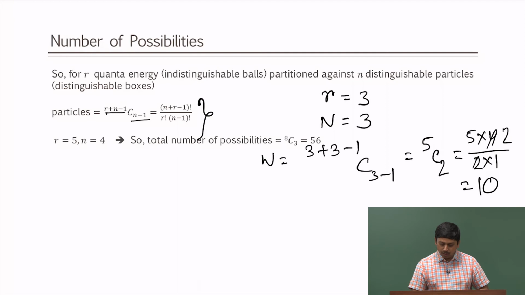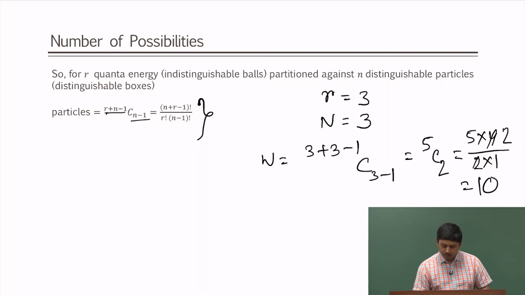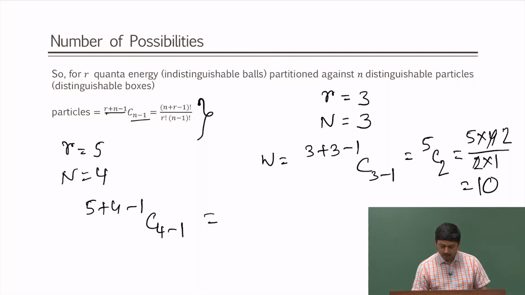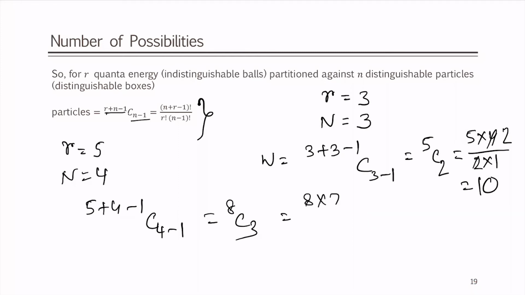So, if I use 5 units of energy, r equal to 5, and 4 particles, n equal to 4, how many will we get? 5 plus 4 minus 1, C 4 minus 1, which is 8C3, which is 8 into 7 into 6 by 3 into 2 into 1, 3 twos are 6, 56. So, we will get 56 total possibilities of distributing 5 units of energy into 4 particles.